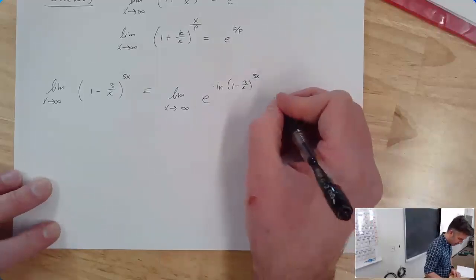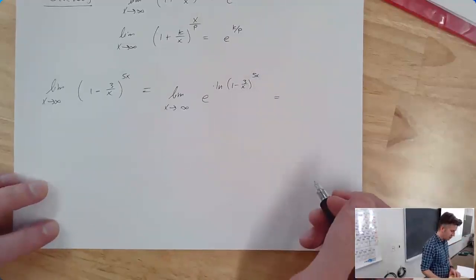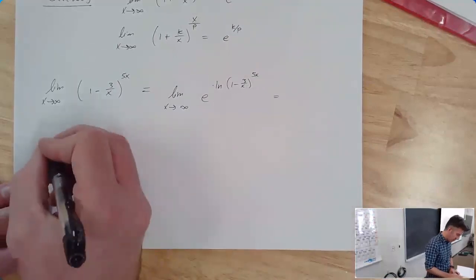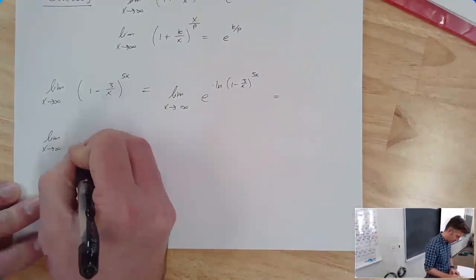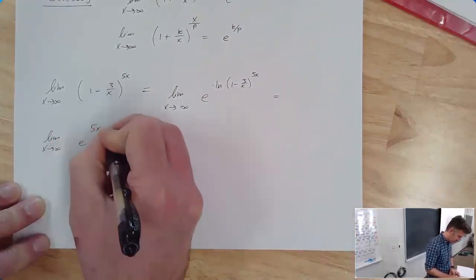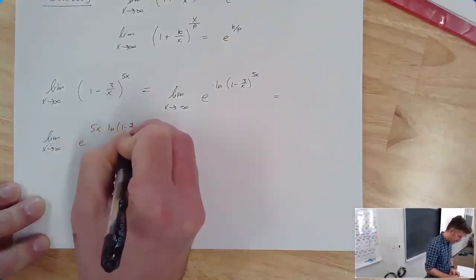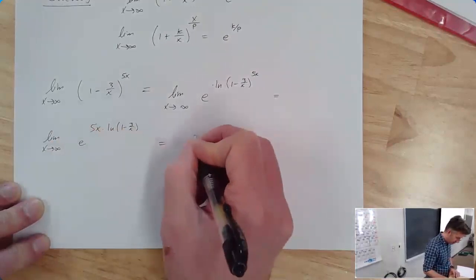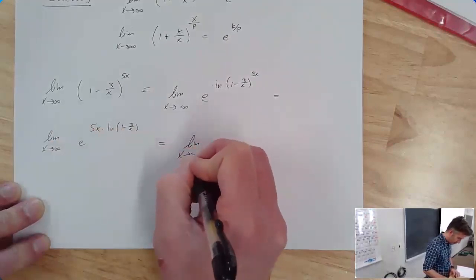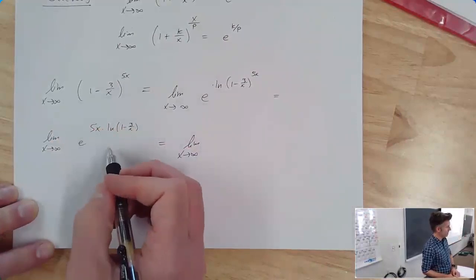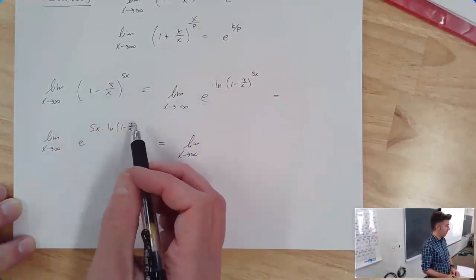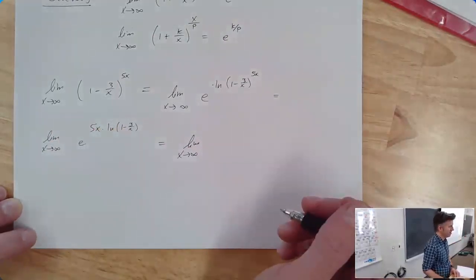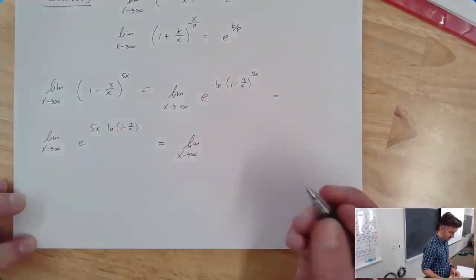So let's rewrite this as... interesting, I have a choice here. I'm going to make a choice, so I'm going to actually show both steps because here's the choice I would make. Bring it down as 5x times the natural log of 1 minus 3 over x. And then in my opinion, there is no reason to bring the 5 down to the denominator as its reciprocal. You could totally write it as the natural log of 1 minus 3 over x, over 1 over 5x, or you could just leave that 5 up top, which I think I'm going to do.